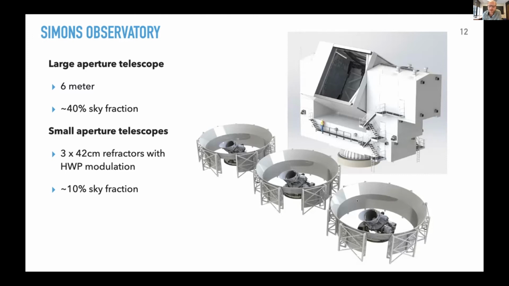Instead they're designed to go after the polarization over large angular scales, mostly looking at B-mode polarization. These will additionally have a fast spinning half-wave plate. Also, another difference is that these will not look at all of the available sky, but look at about 10%, to have a deeper observation instead of a wide observation.